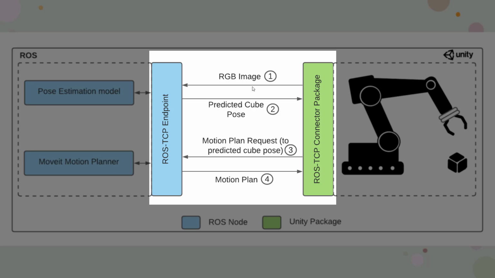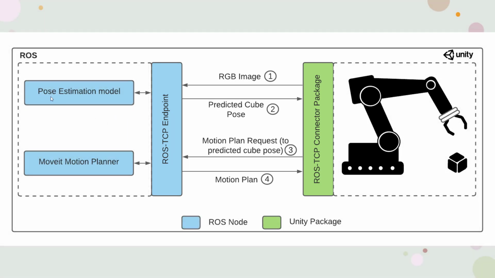This RGB image is used by the pose estimation model to give the predicted cube pose back to our robot. Then our robot sends ROS back the motion plan request for the predicted cube pose, and finally ROS gives the fourth message, the motion plan: how to move, where to move, and when to move.